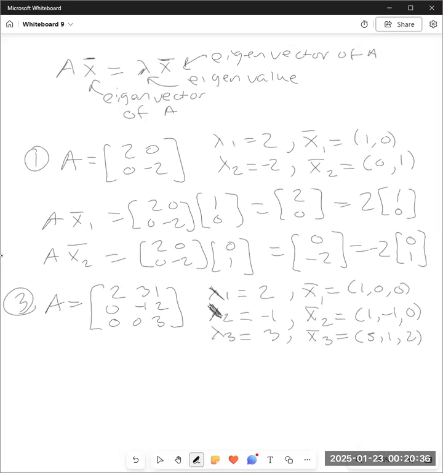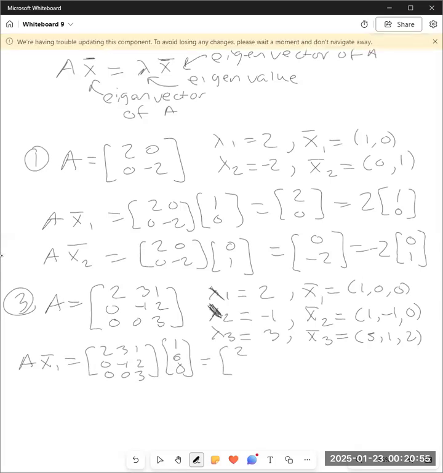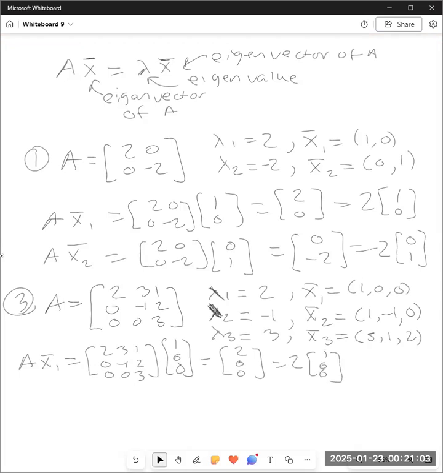So A x1 is 2, 3, 1, 0, -1, 2, 0, 0, 3 times 1, 0, 0, which is 2, 0, 0, which is 2 times 1, 0, 0.